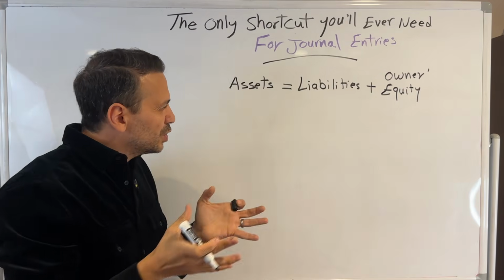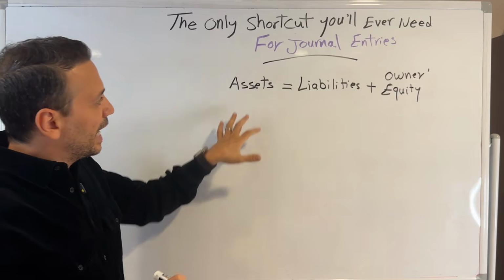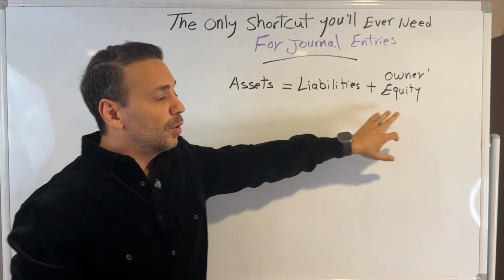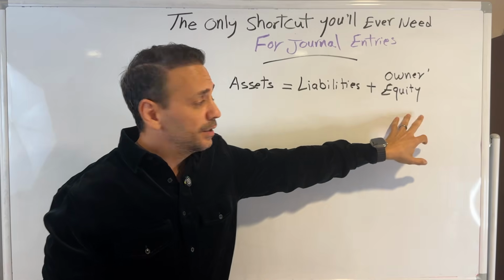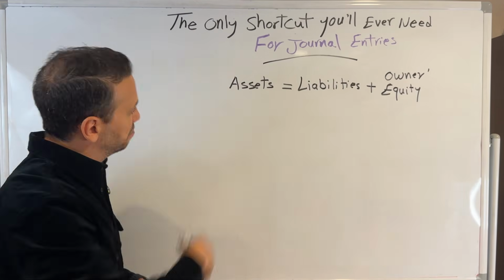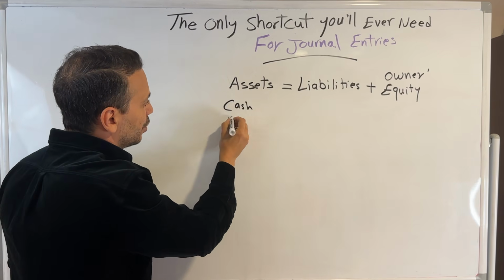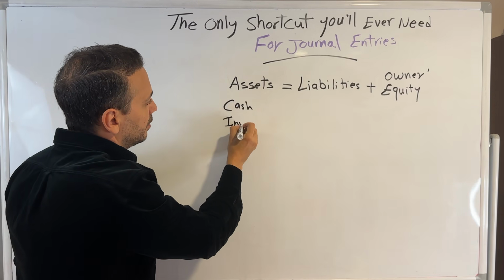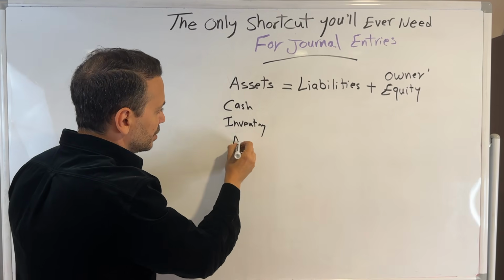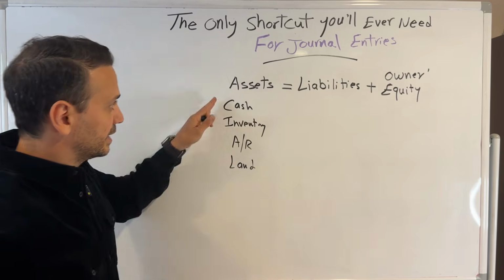And the reason why this makes sense, why these two sides are equal, is because everything we have in the business is financed either through a liability or an equity that you raise, right? So whatever you have in assets, think of all the things that you have in assets. You have cash, you have inventory, you have accounts receivable, you have land, you have multiple things as assets.